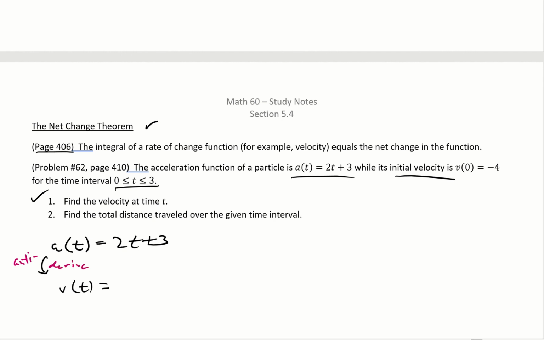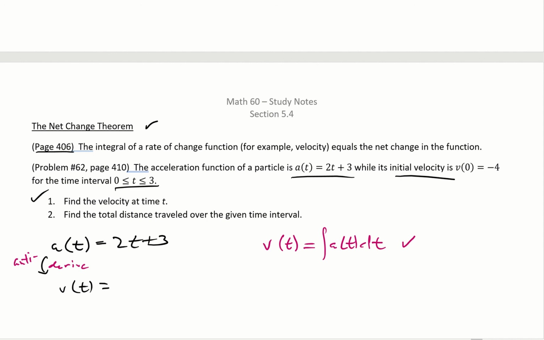or you can say, hey, the velocity function is the antiderivative of the acceleration function, or the indefinite integral of the acceleration function. That's why we invent this language. That language is pretty good.